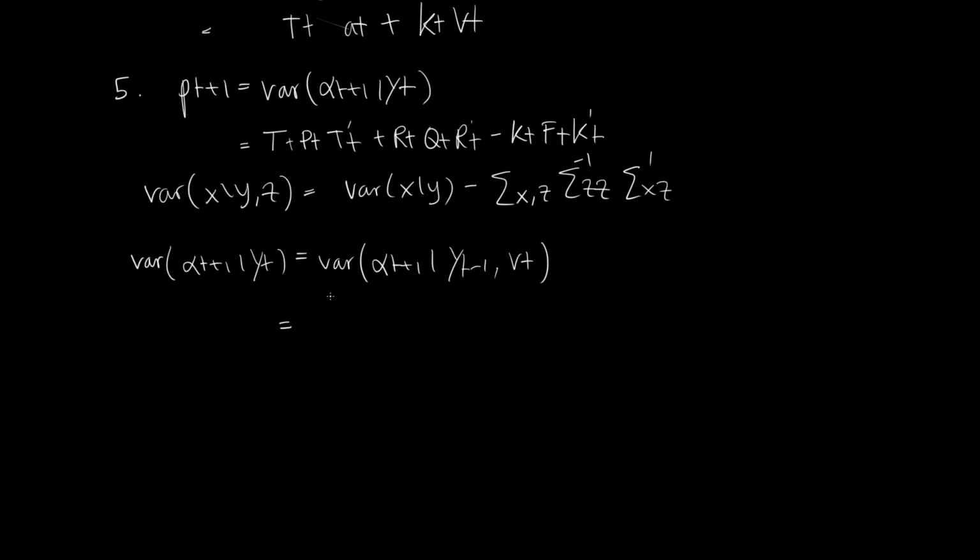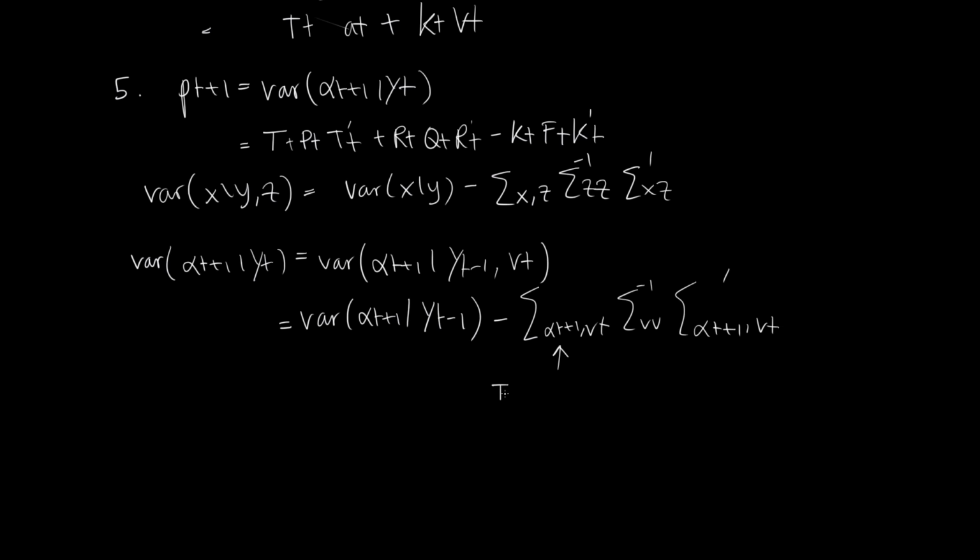We find that the variance of alpha_{t+1} is the variance of alpha_{t+1} given Y_{t-1}, but now also minus the covariance matrix between alpha_{t+1} and V_t times the variance matrix of V times the covariance matrix of alpha_{t+1} and V_t primed. But we already calculated this. This one was T_t P_t Z_t prime. This was F_t inverse.